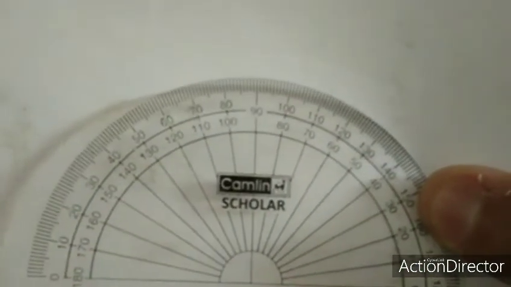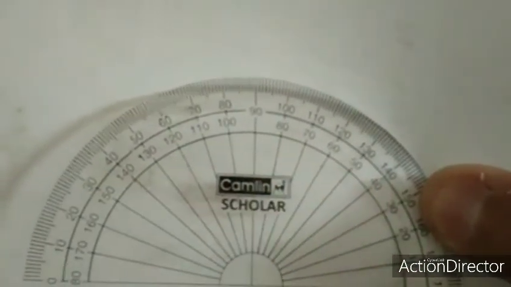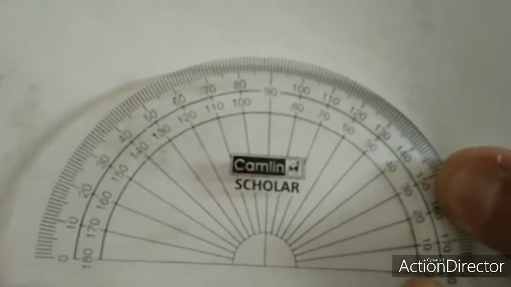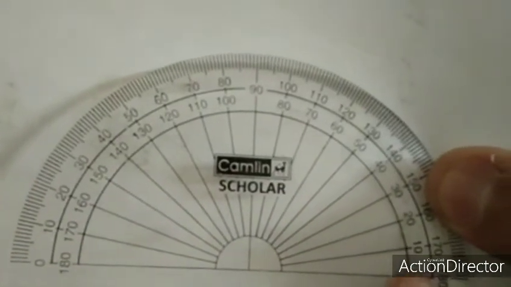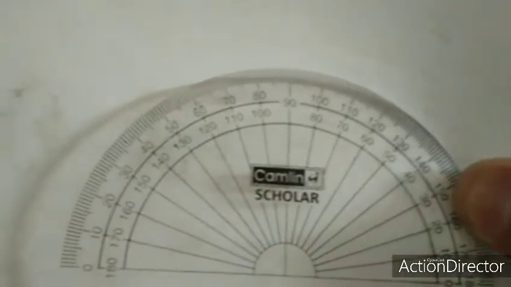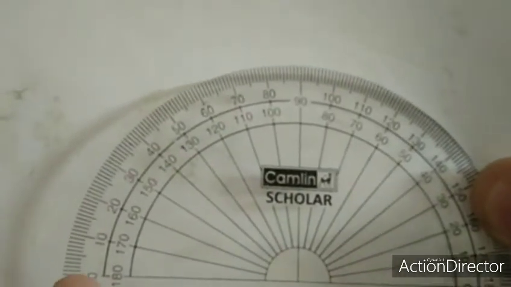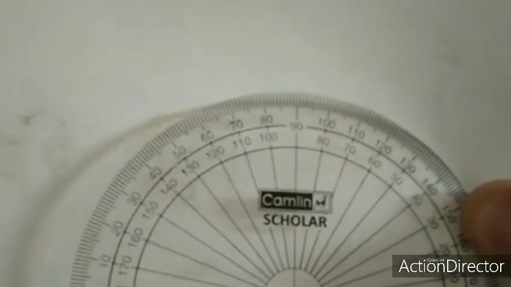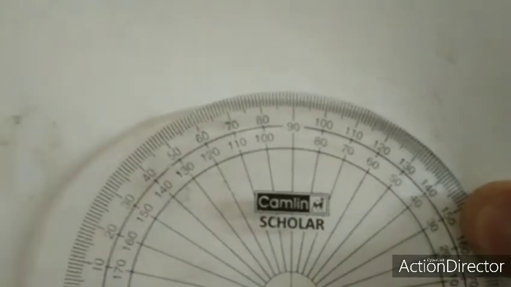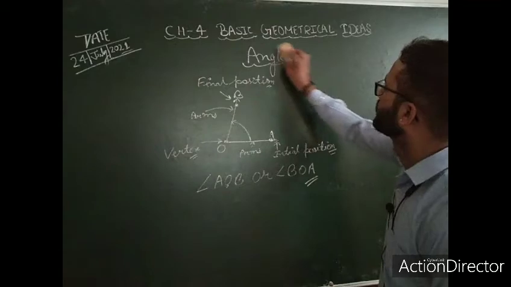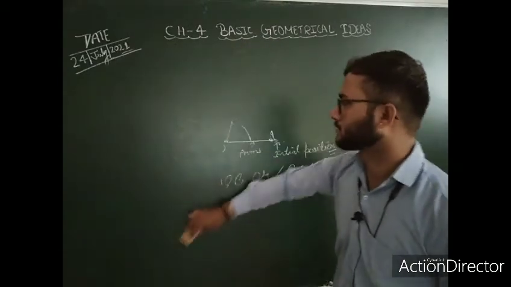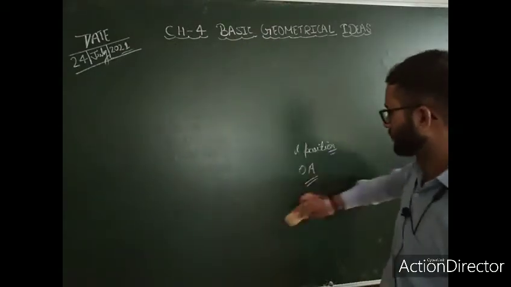So when we move anti-clockwise, we use the interior side angles, and when we move in the clockwise direction, we use the outside angles. Here we will discuss the interior and exterior of an angle.